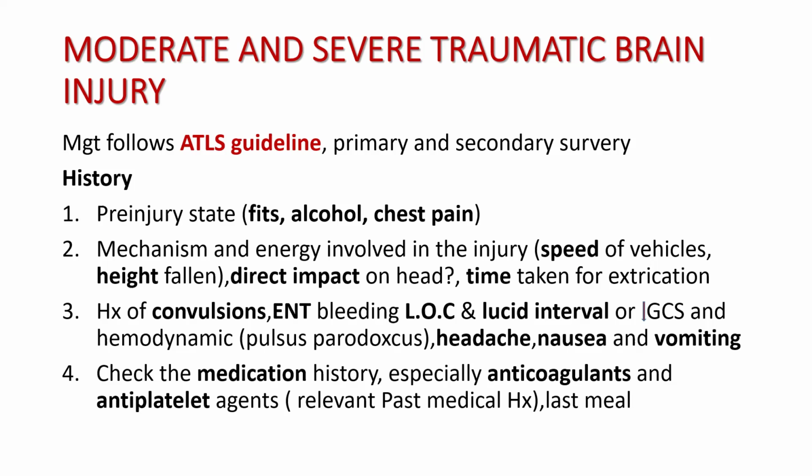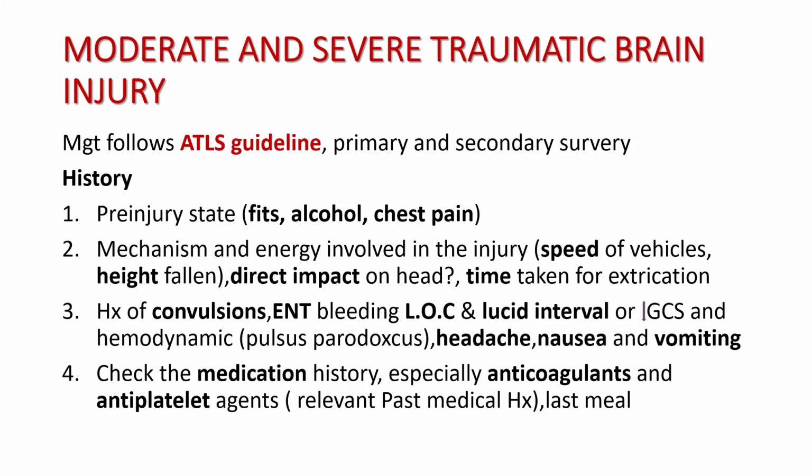Mechanisms and energy involved in the injury, the speed of the vehicle, height fallen, like our supervisor has mentioned, there is a specific height that we consider to be a dangerous mechanism. If there was direct impact on the head and the time taken from getting the person, especially for car accidents, from the car to the hospital.